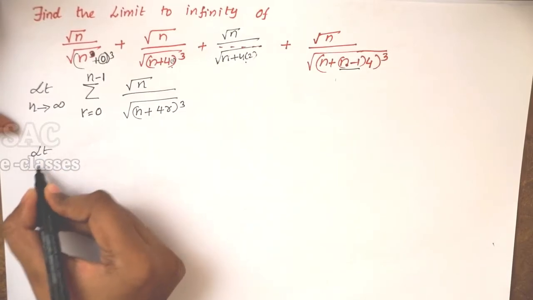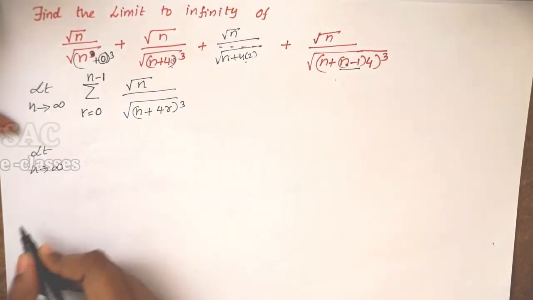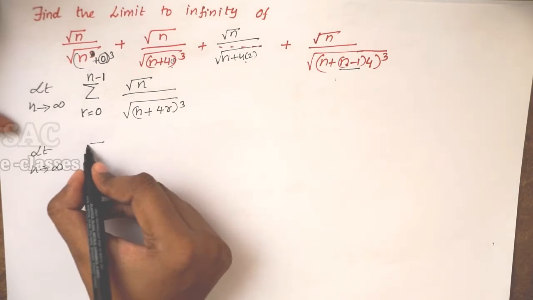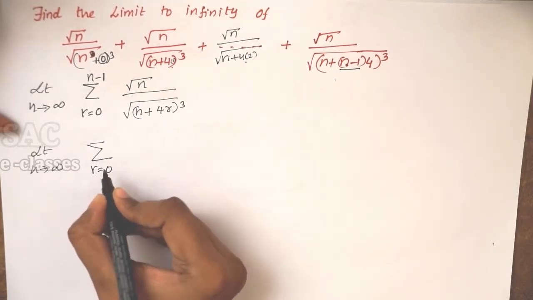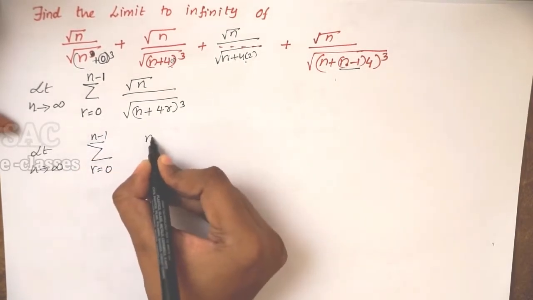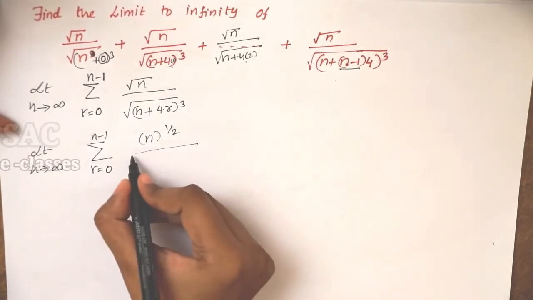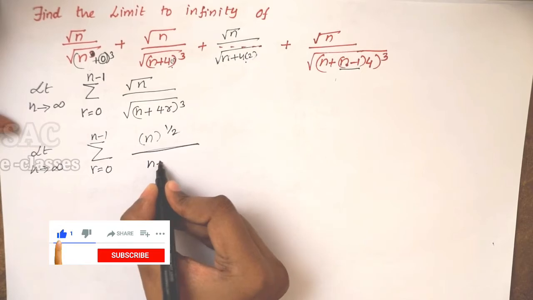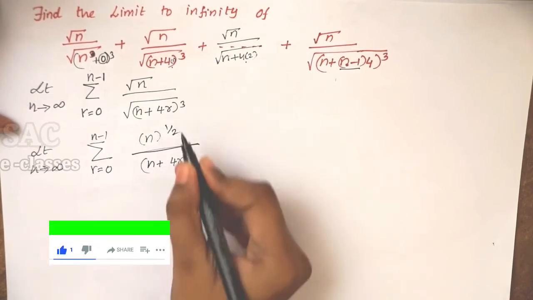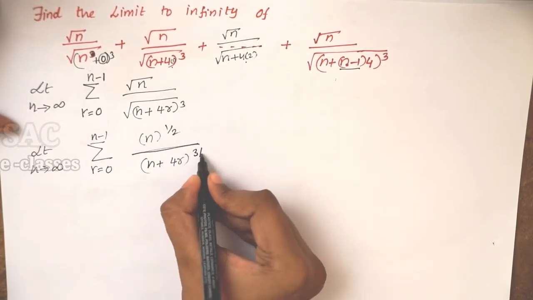Let's convert it into simplified form. Limit n tends to infinity sigma r equal to 0 to n minus 1. Root n I am writing as n power 1 by 2, by (n plus 4r) whole power 3 by 2.